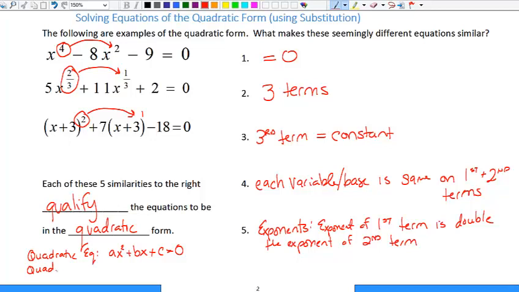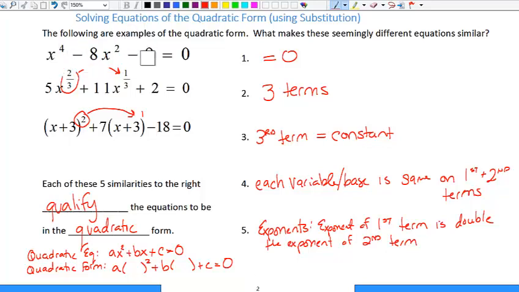So of the quadratic form, we have to have a times something squared plus b times something plus c equals 0. So a quadratic equation is just simply ax squared plus bx plus c, but if it's similar to the quadratic equation, meaning a times something squared plus b times that same something plus c equals 0, then we can say it's of the quadratic form.